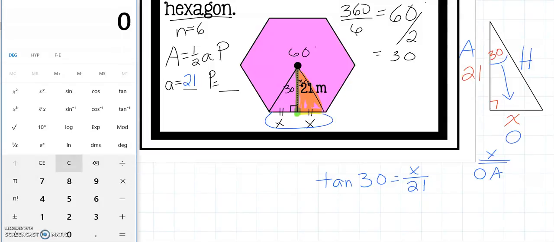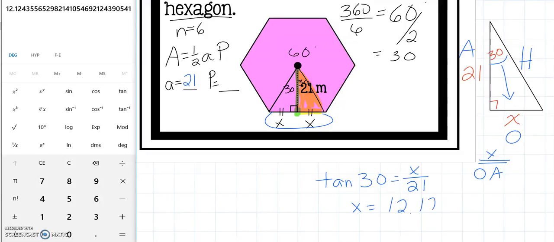So in your calculator, we're going to be doing 30 tangent times 21 equals 12.12 or so. Okay, so x equals 12.1244. Okay. Now that's just this one little x.